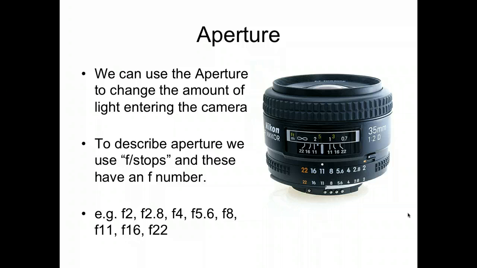Now, keep in mind that with most camera lenses, the wider the opening of the aperture, so for example, with this lens that you see right here, 2 is the widest it will go, the more expensive that lens is.